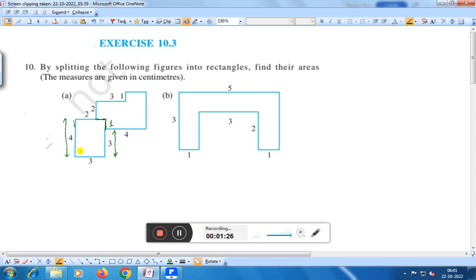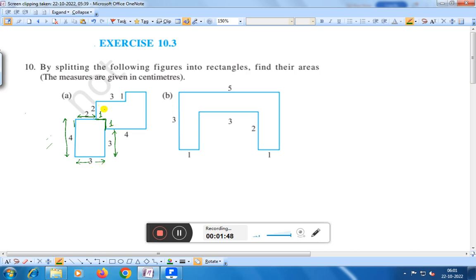Right? The same way, the length of this one is 3 centimeter, and the length from here to here is 2 centimeter, from here to here is 2 centimeter. Therefore it will be 1 centimeter. Right?